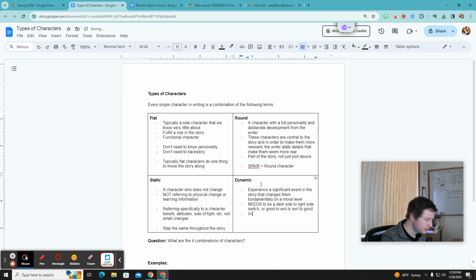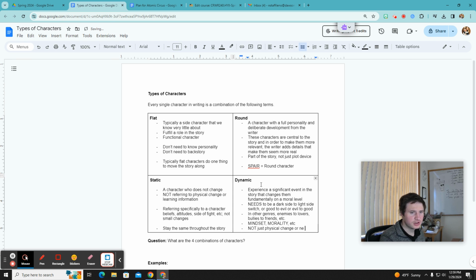So in other genres, it's enemies to lovers, bullies to friends, etc. It's all related to mindset, morality, etc. Big picture, okay? Not just physical change or new info.